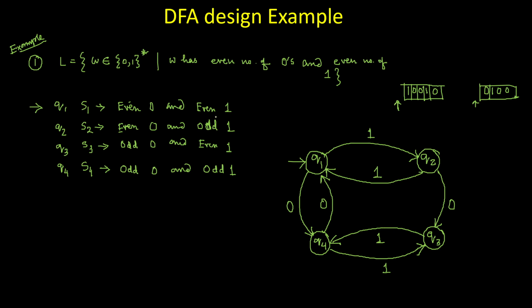Even 0, even 1, even 0, odd 1, odd 0, even 1, odd 0, odd 1. Yes. Even 0, even 1. I got a 1: even 0, odd 1. And I got a 0: odd 0, odd 1.